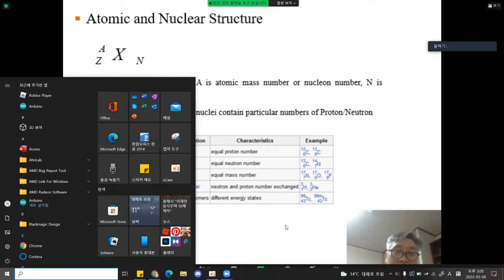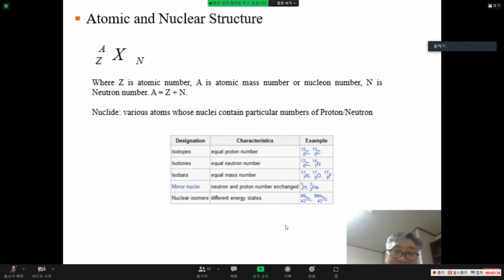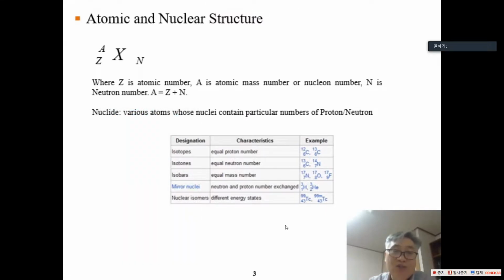And in the table, you can see isotopes. Isotope, 동위원소. Isotope means equal proton number. So carbon 12 or carbon 13 is isotope, 동위. In Korean, 동위 means same place.